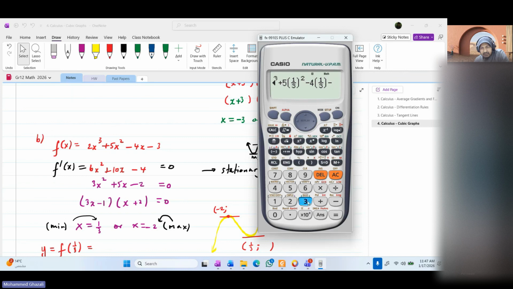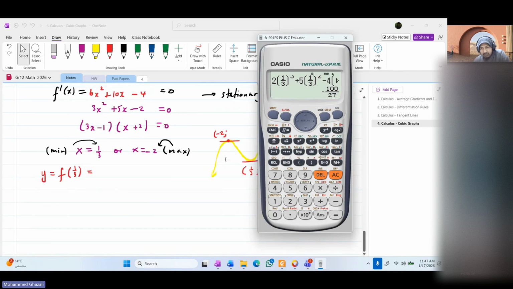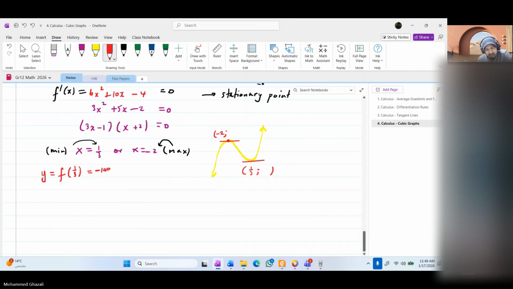And then minus 3. And I'm getting negative 100 over 27, which is negative 3.7.